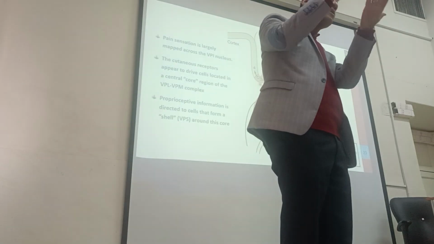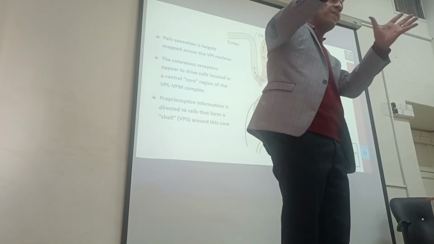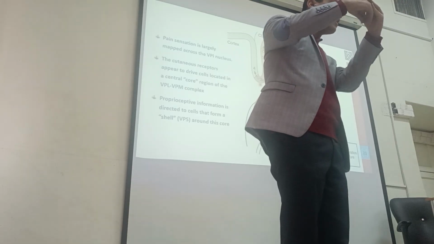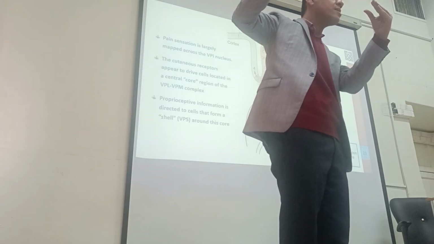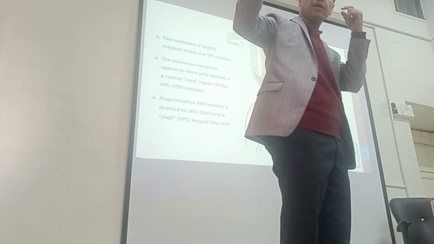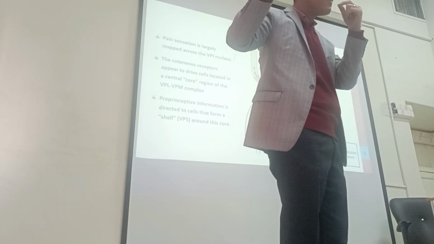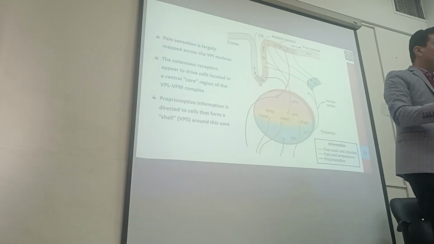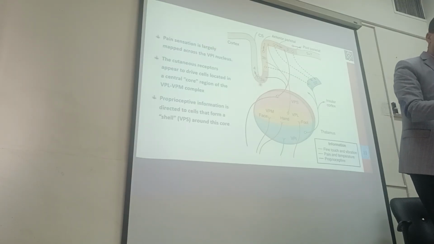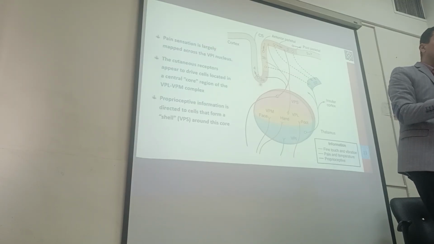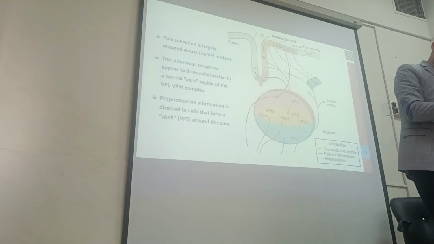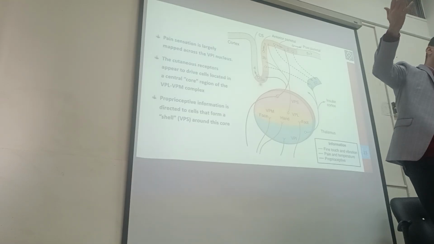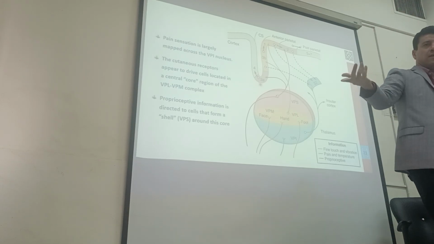So they are analyzed here in this part. Then the result is combined together where? In somatosensory association areas, Brodmann area 5 and 7. So initial processing, the start of the processing, happens in Brodmann area 1, 2, and 3. But final processing happens in Brodmann area 5 and 7.